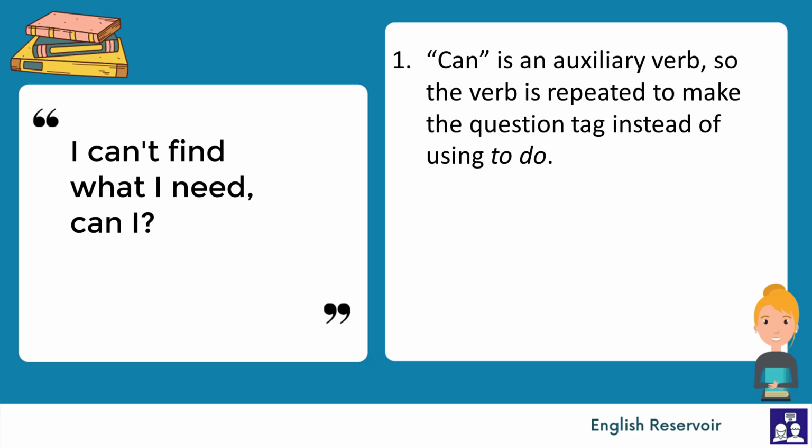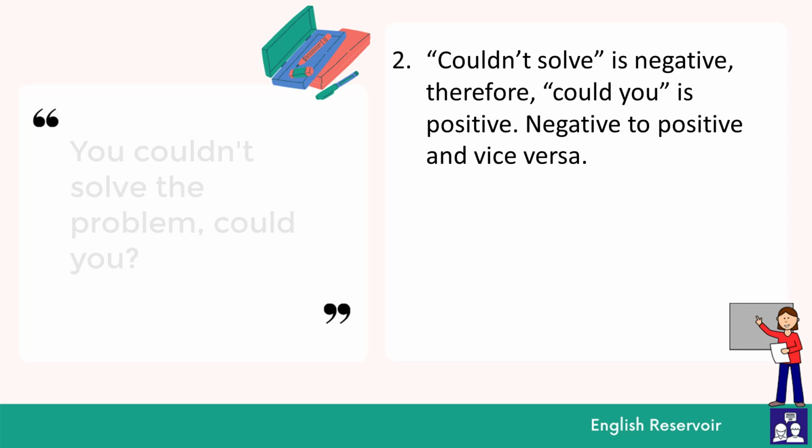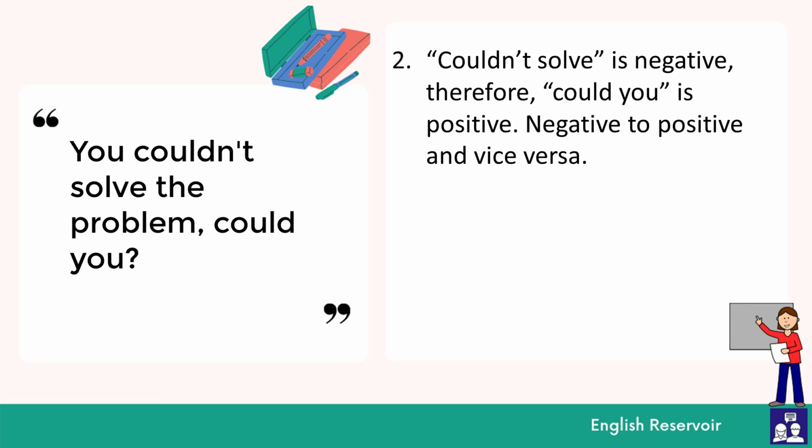Can is an auxiliary verb, so the verb is repeated to make the question tag instead of using to do. You couldn't solve the problem, could you? Couldn't solve is negative, therefore, could you is positive. Negative to positive, and vice versa.